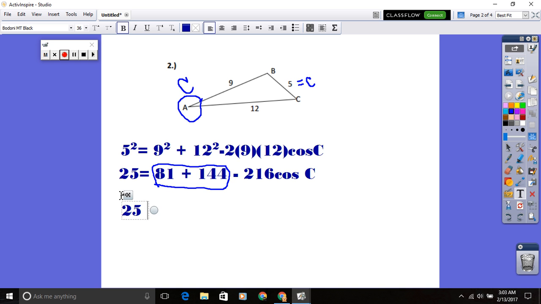Okay, so that gets me to 225 equals, and then you just do 81 plus 144, which is 225, minus 216, the cosine of c.